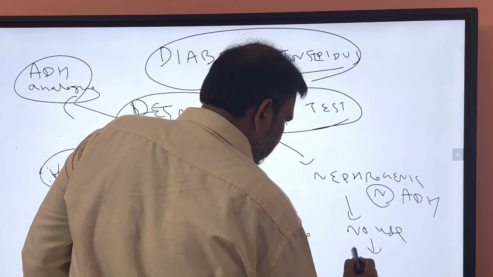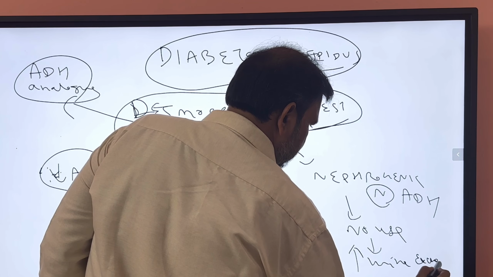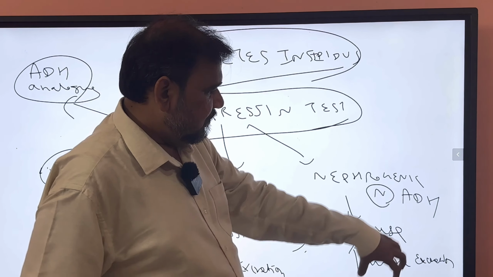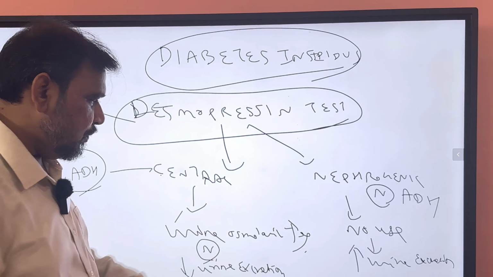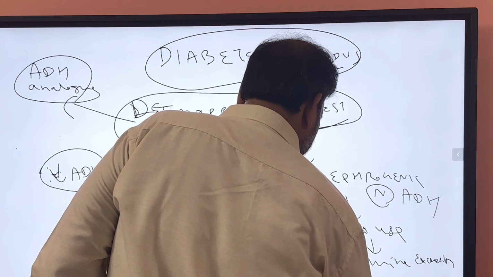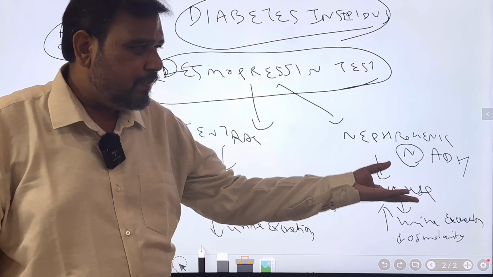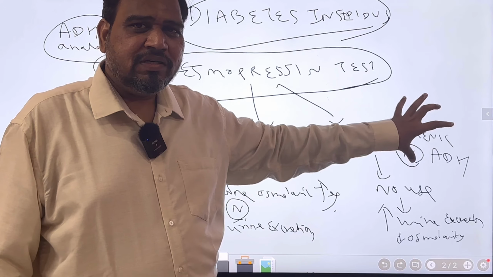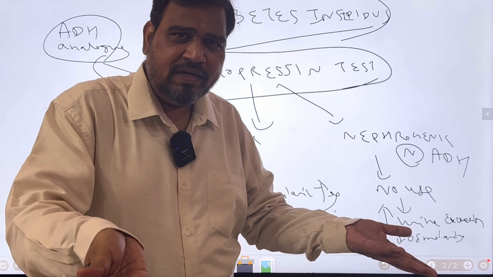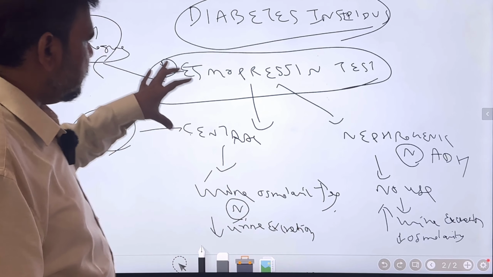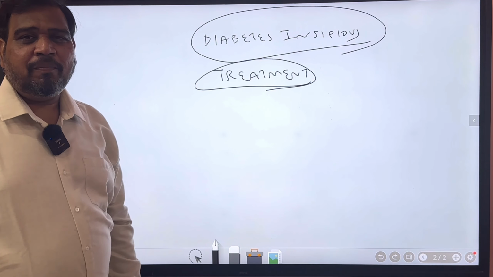Still increased urine excretion, or even if I give desmopressin, there is excess water excretion in urine, and osmolarity is decreased. That means even if I give ADH, no use. That means it is nephrogenic diabetes insipidus. If I give ADH in the form of desmopressin and it works, then I have to suspect central diabetes insipidus.